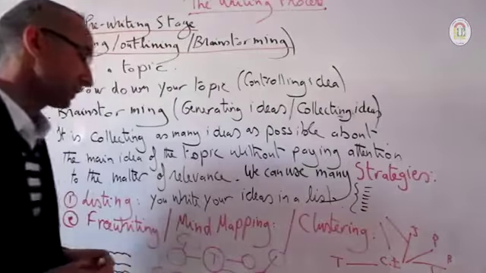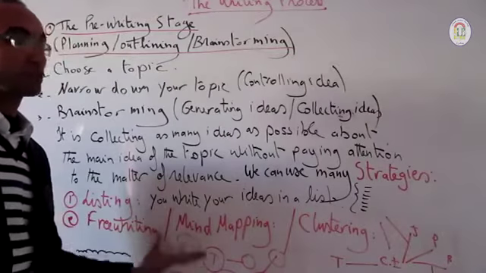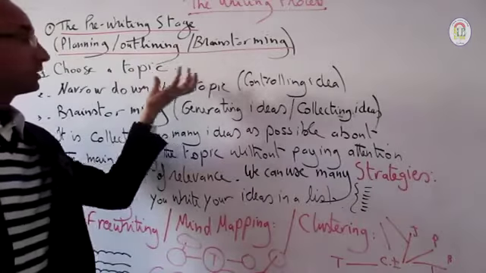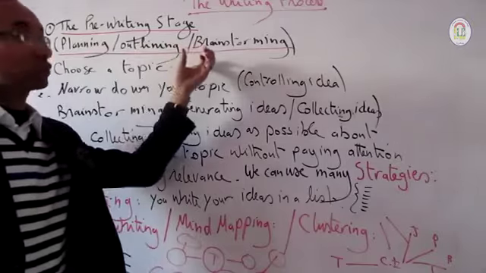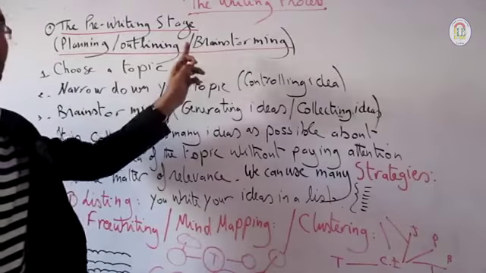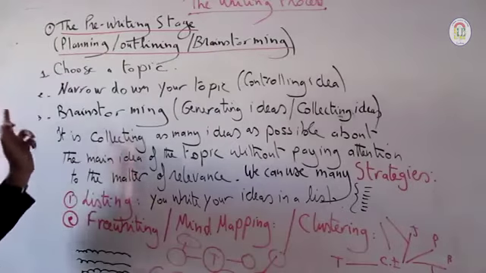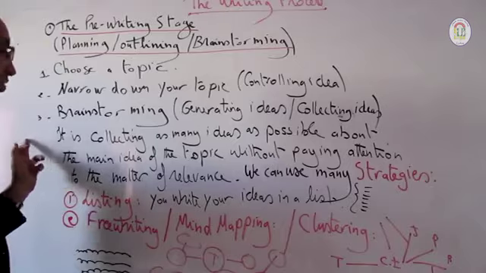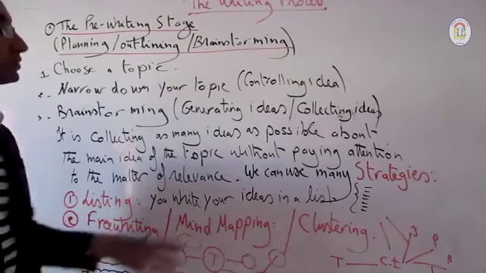Right. These are the three strategies you can use or adapt in your brainstorming step, and also brainstorming stage. As you see, the stage is itself named brainstorming because this part or step is the essential and the most important part or step in the whole pre-writing stage, in the first stage.